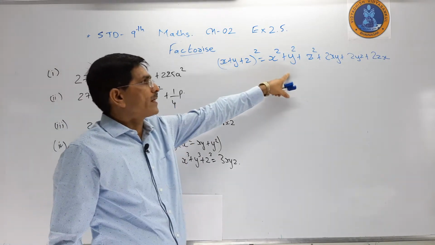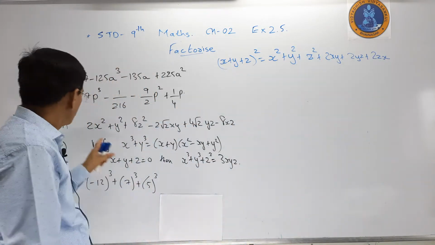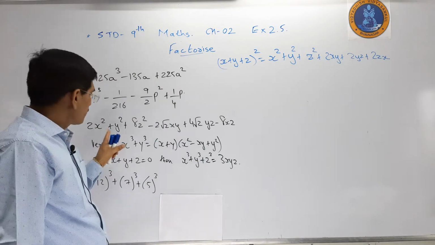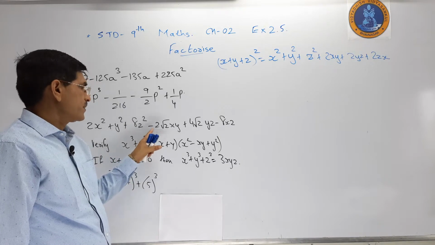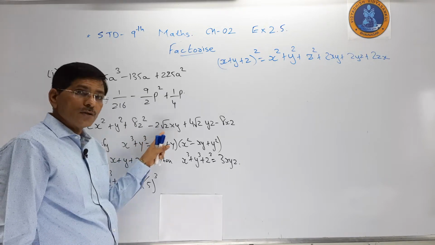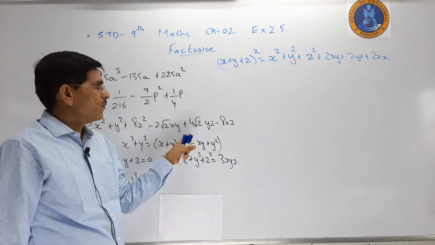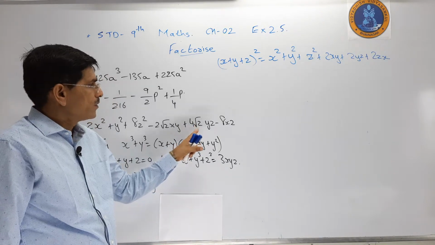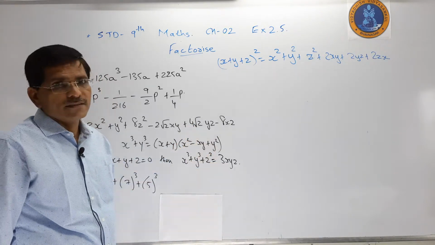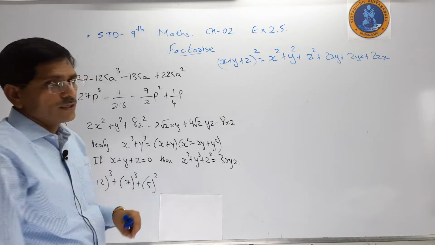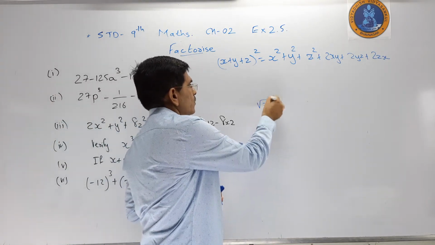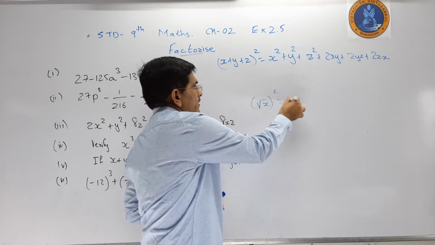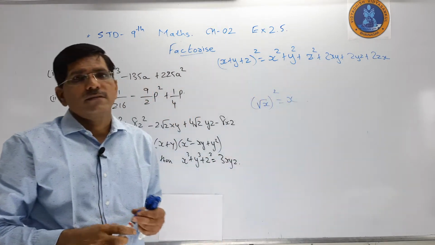x square plus y square plus z square, 2x square plus y square plus 8z square minus 2 under root 2xy plus 4 under root 2 yz minus xz. So before we start, we go for one term: under root x, whole to square, the answer is x.